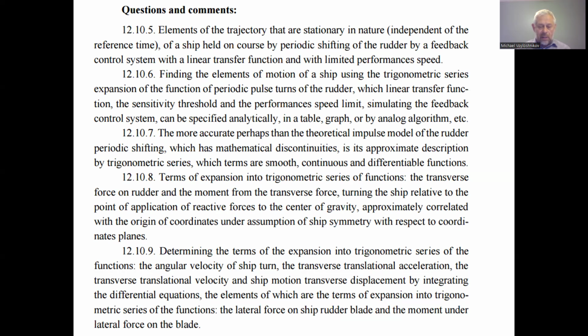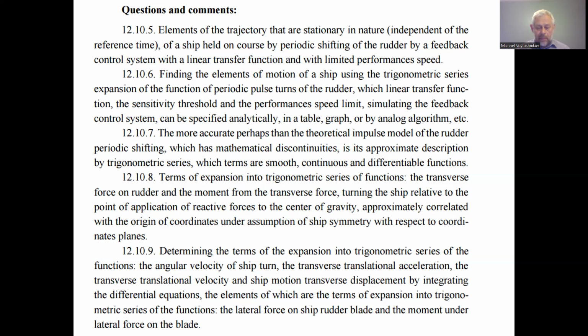These factors are, for example, the translational longitudinal velocity of the ship along the longitudinal axis squared in this formula, the area of the rudder, the mass density of water, and the next factor, the coefficient of the lifting force arising on the rudder when it turns.